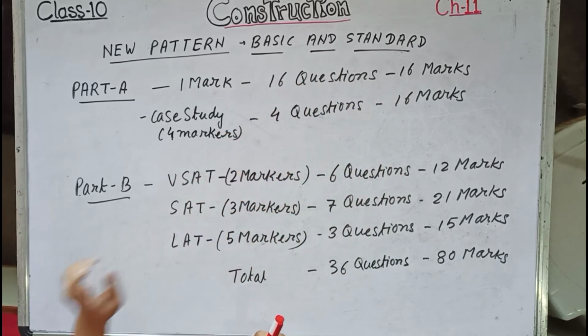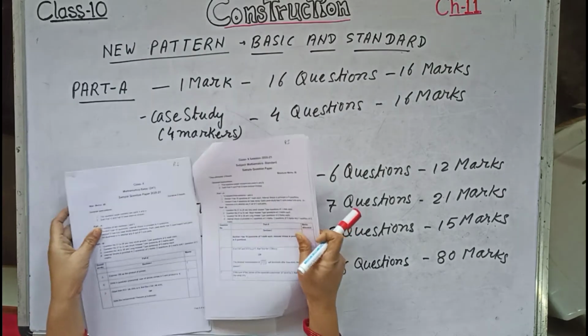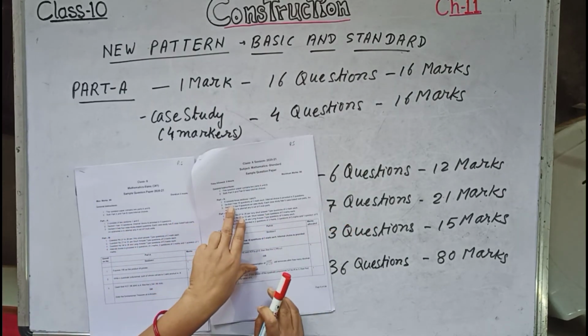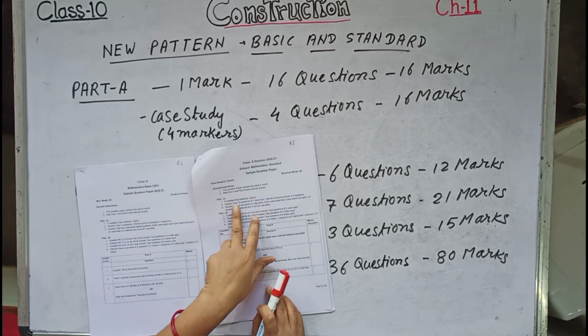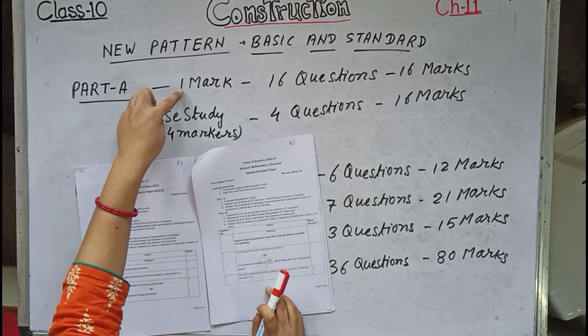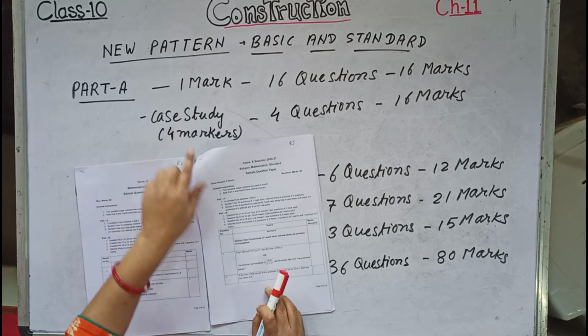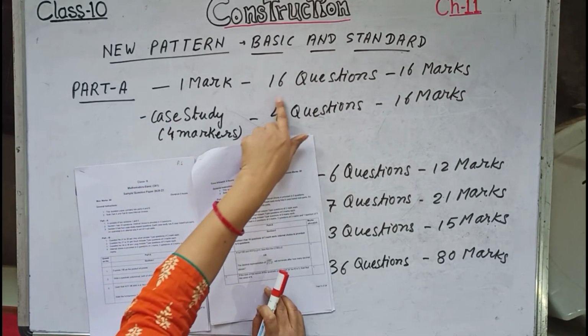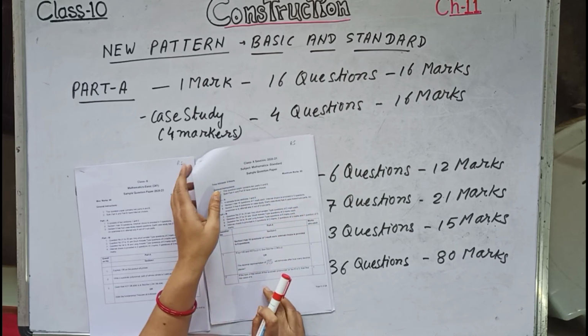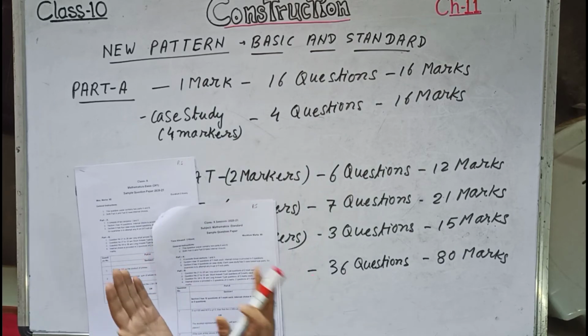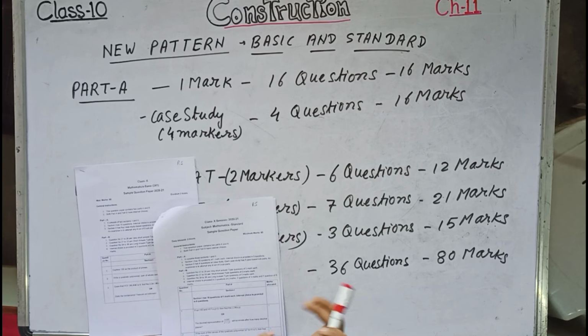For both basic and standard, this is named section 1 and this is named section 2. Section 1 has 16 questions of 1 mark each, and internal choice has been provided in 5 questions.